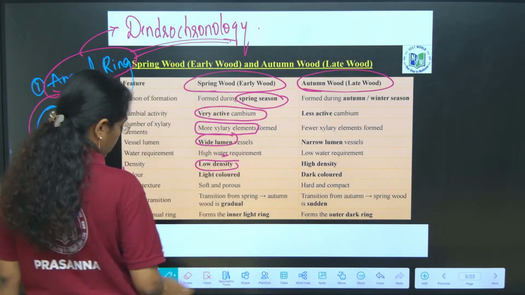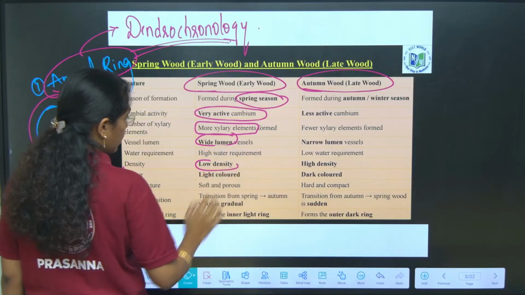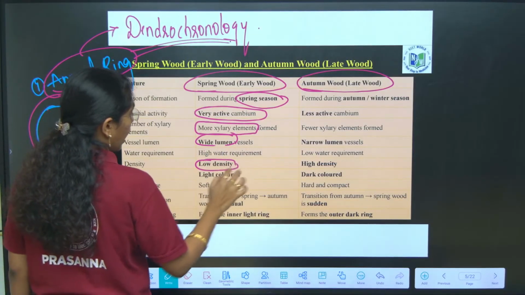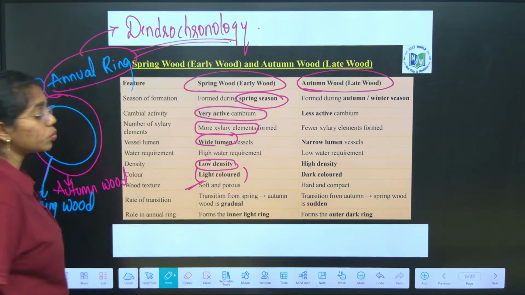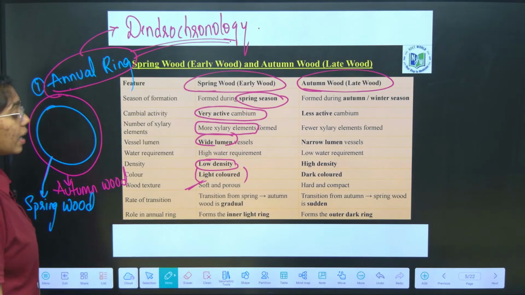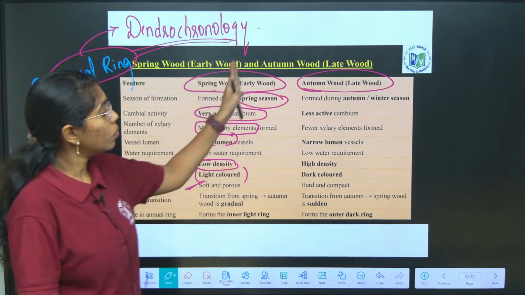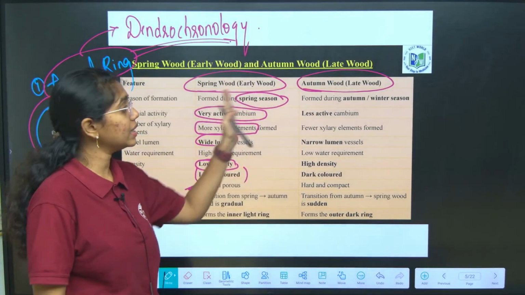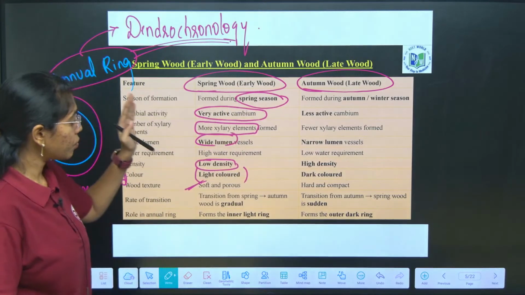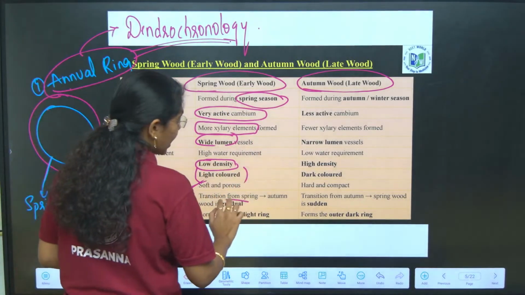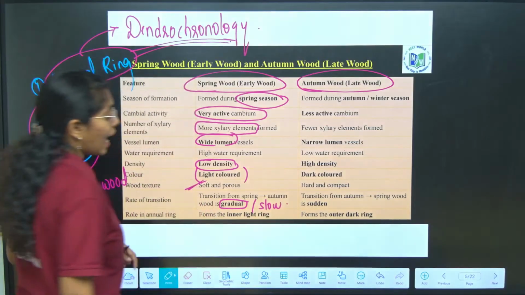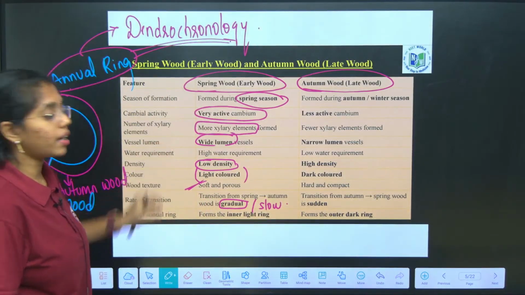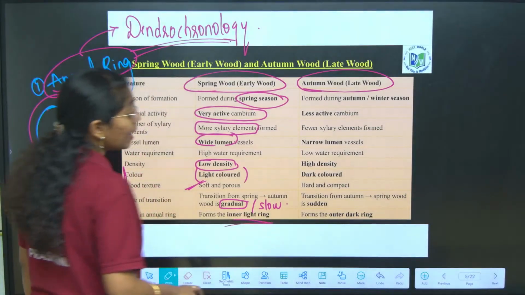It is light colored, soft and porous in texture, and the transition from spring wood to autumn wood, when the season changes, is gradual, or you can say slow. And this forms the inner light ring.